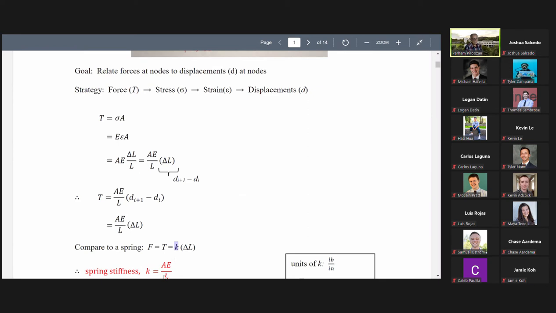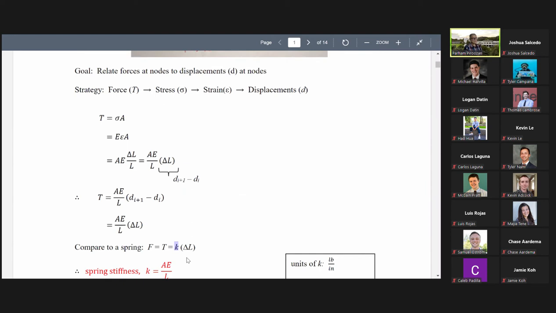Can you tell me, you have your paper and pencil, write it down, write AE over L. What is the units for AE over L? Put the units for A and E and L. Tell me what do we get from AE over L? Use the US customary system of units for AE over L. Write it down.